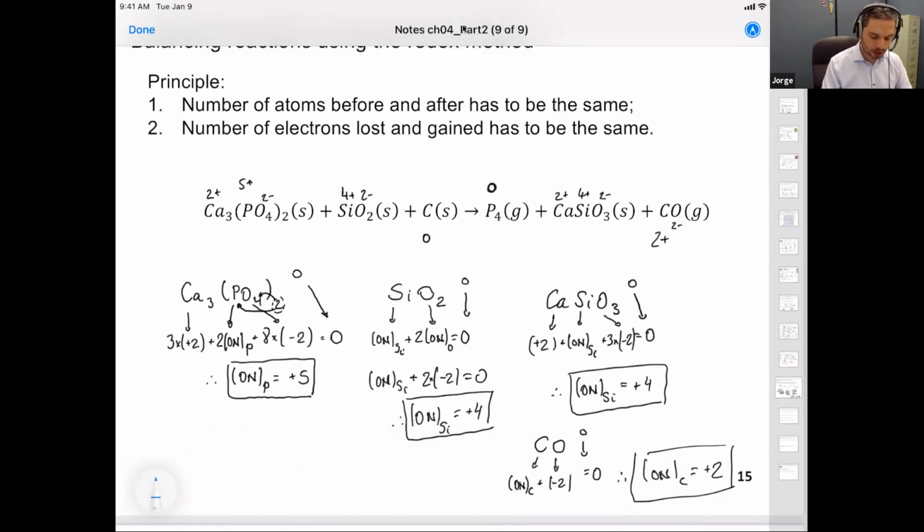Okay, looking at the equation and all the different oxidation numbers, we can see here that phosphorus started with an oxidation number equal to 5 plus and moved to an oxidation number equal to 0. If the oxidation number decreased, that means phosphorus gained electrons. Okay?